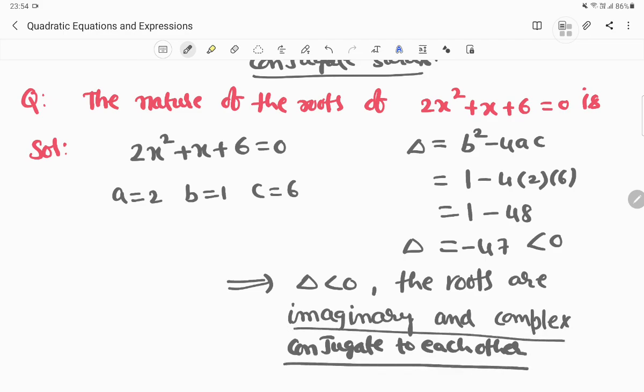So this is the way the nature of the roots we will decide. I hope everyone understands that.